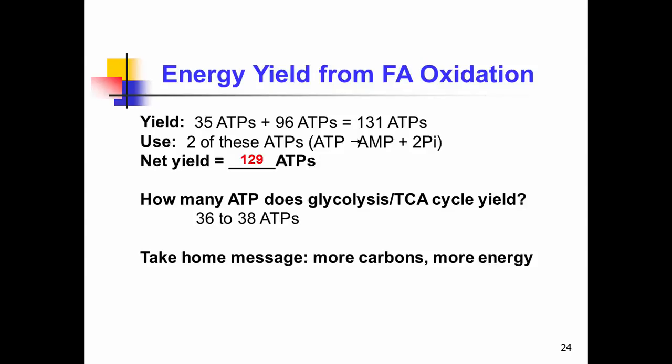So take-home message: because fatty acids have more carbons, and glucose has only 6 carbons, and these fatty acids may have 16 or even more carbons, molecules that have more carbons usually have more energy if they are oxidized, right?